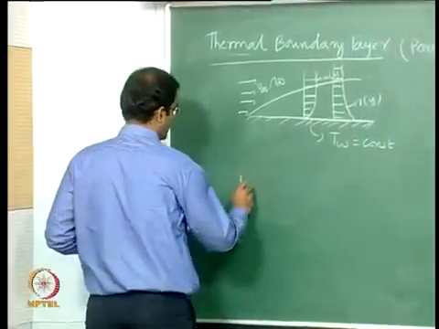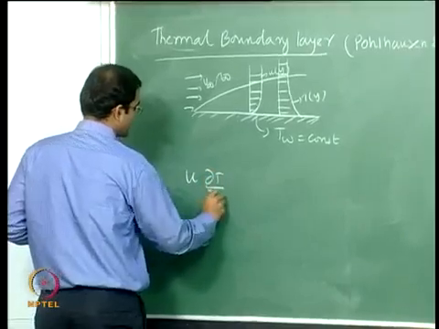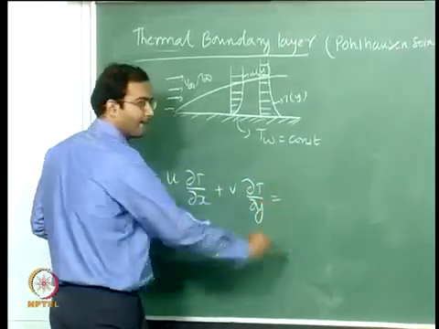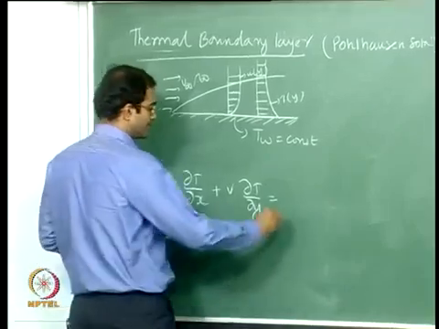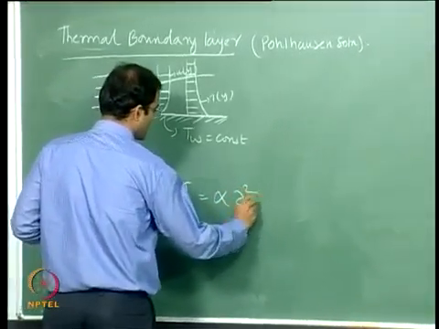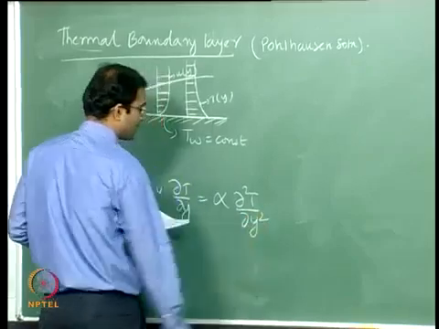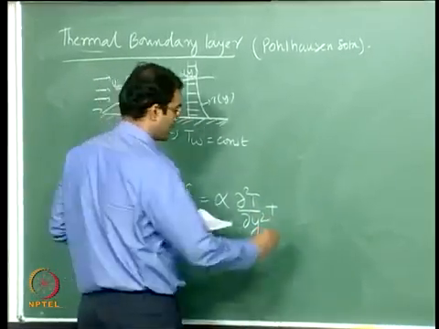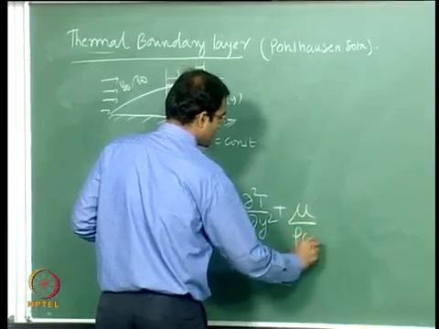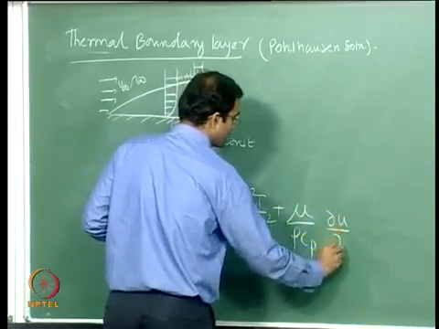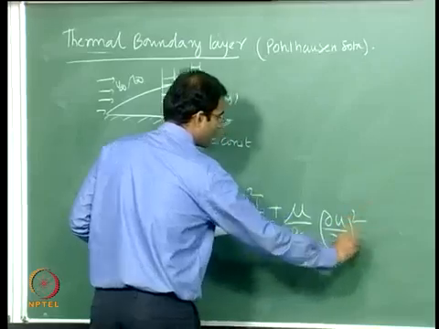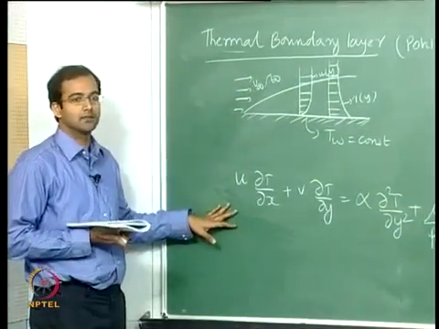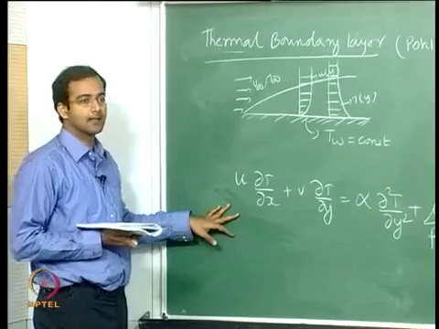So u dT/dx is equal to alpha d²T/dy² plus mu by rho Cp into (du/dy) the whole squared. Okay, this is your boundary layer approximation for the energy equation, correct?